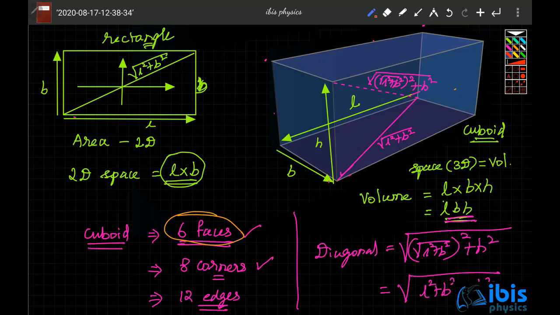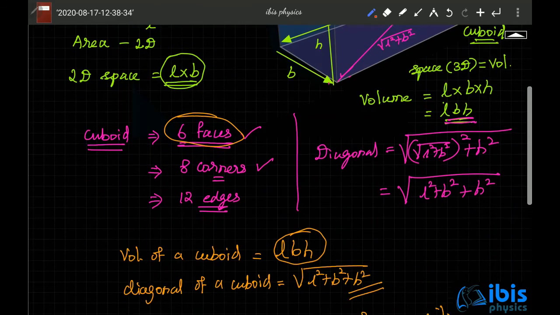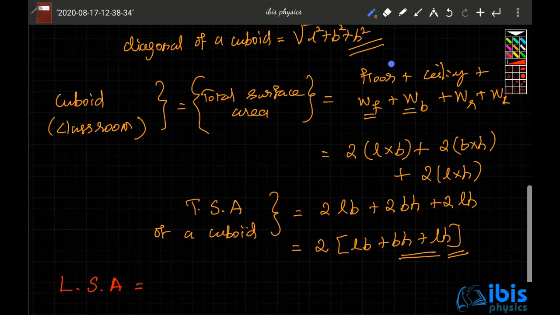Leaving the floor and the ceiling, the 4 walls represent the surface area, that is called lateral surface area. So the floor is L into B and the ceiling is also L into B. Leave the floor and the ceiling, you will get 2 times the area of this and 2 times the area of the right and left, which is called the lateral surface area.